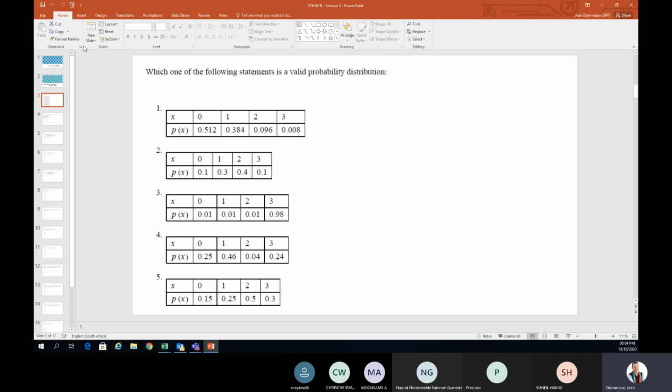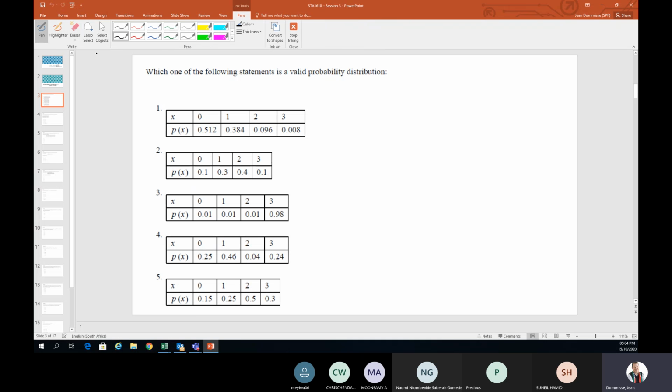Okay, so if we look at this, how do we pick up which one is wrong and which one is correct? What would your first way be to see what is right and what is wrong?